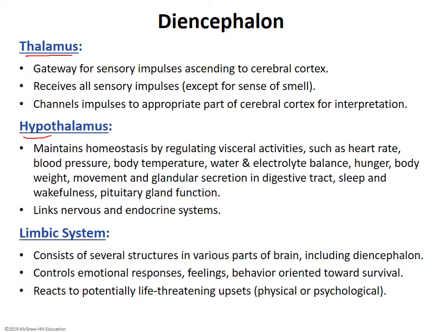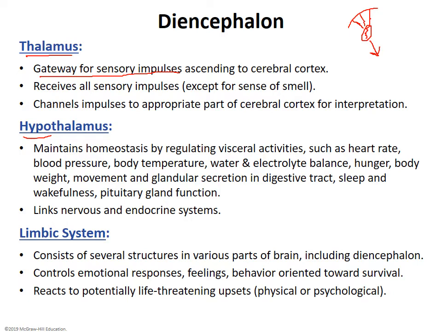Now, the thalamus is the gateway, as it says here, for sensory impulses. In the last set of slides, we looked at a thing called the basal nuclei, and we said that if this was the cerebral cortex, as motor impulses are leaving the cerebral cortex, they go through this area called the basal nuclei, and there would be thousands upon thousands going through there, get smoothed out and sent to the muscles in a smooth signal, and it uses dopamine to do that.